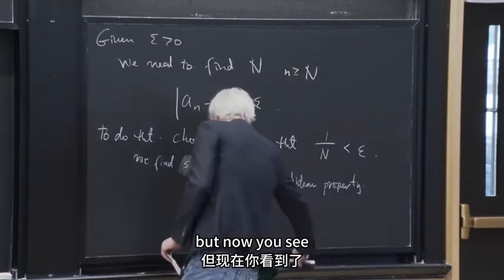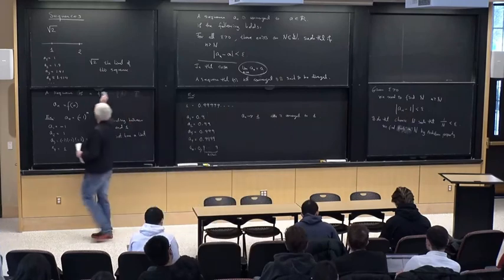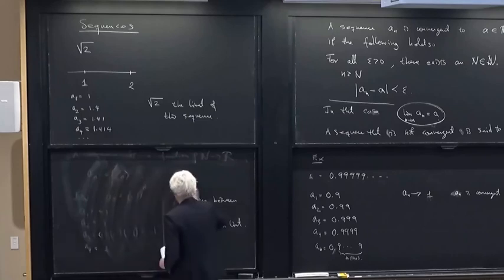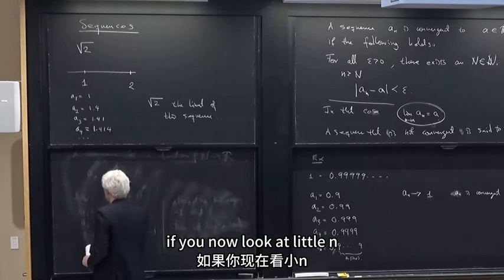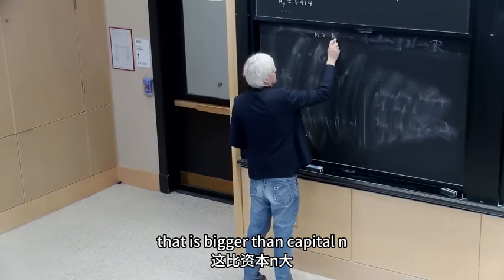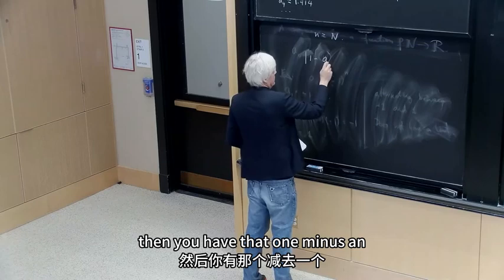But now you see, if you now look at little n that is bigger than capital N, then you have that 1 minus An.